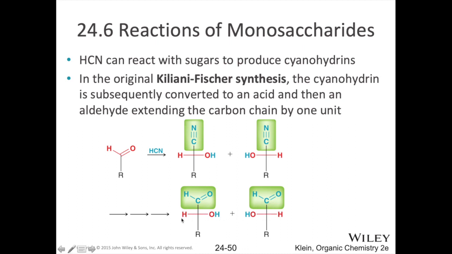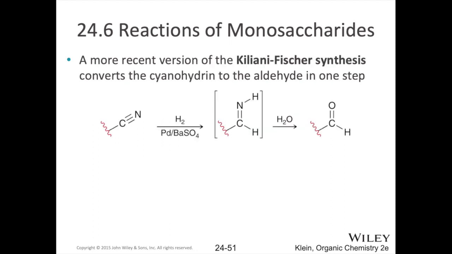Okay, so in other words, you've extended your sugar's carbon chain by one more chiral carbon. For example, if you started off with a pentose, you would have converted it into a hexose. So that was one version of the Kiliani-Fischer synthesis.